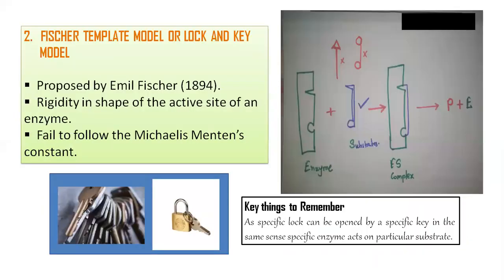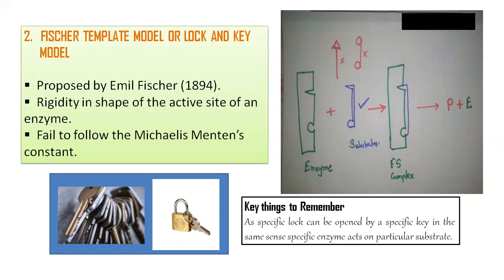The second theory is the Fischer template model or lock and key model. This was proposed by Emil Fischer in 1894. The basic principle involved in this model is that just as a specific lock can be opened by a specific key, in the same sense a specific enzyme acts on a particular substrate.